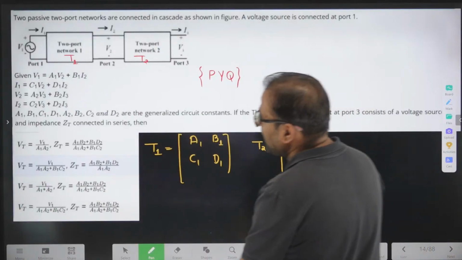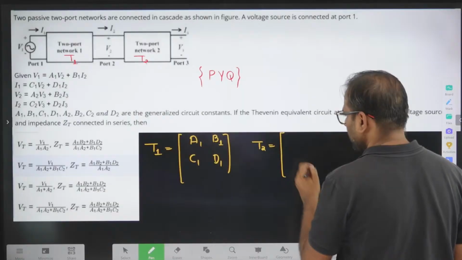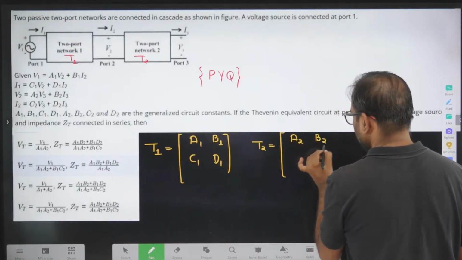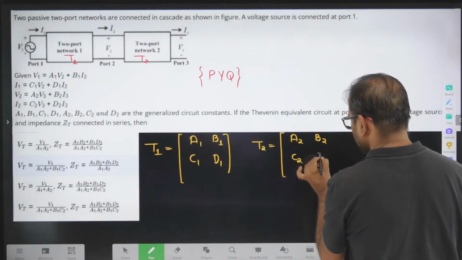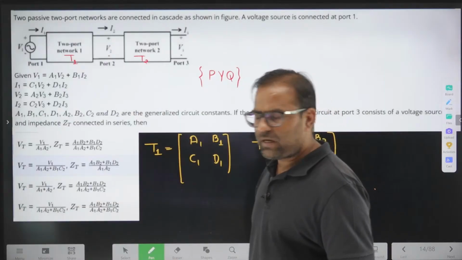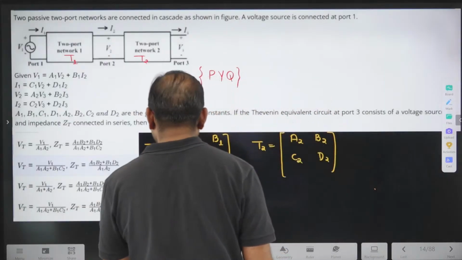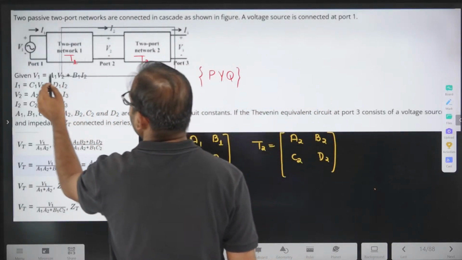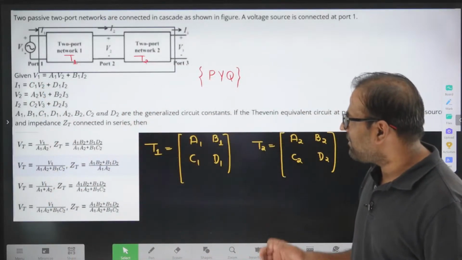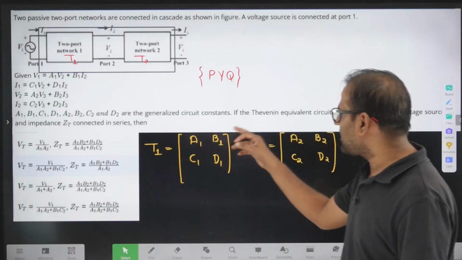A2 B2 C2 D2. Correct? Forget about everything else: are we able to answer this? Can we calculate the equivalent? Then we will talk about what A1, B1, C1, D1, A2, B2, C2, D2 are: generalized circuit constants.